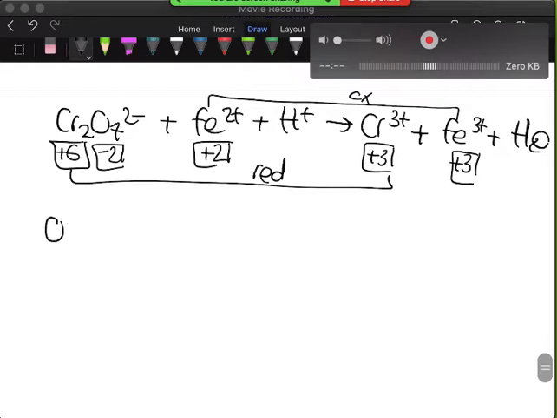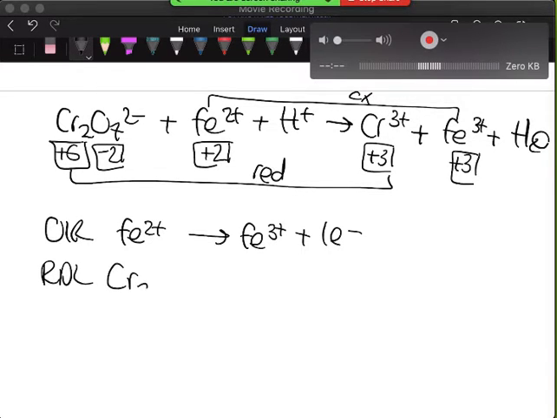It is going to be Fe2 plus goes to Fe3 plus 1 electron. Here it is going to be Cr2O7 2 minus plus 3 electrons goes to Cr3 plus. So before I ever go anywhere, because I have 2 chromiums here, I have to double everything across the line.